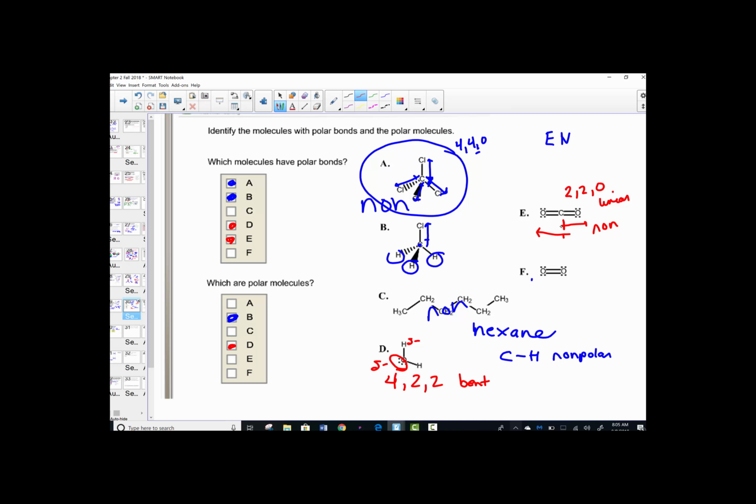So I can draw this vector quantity, but overall the structure evenly distributes that pull to make a nonpolar molecule. And of course, 2 atoms that are identical have equal electronegativity, so nonpolar bonds, nonpolar molecule. It's great practice in bringing forward some of the skills from Chapter 1 into Chapter 2.